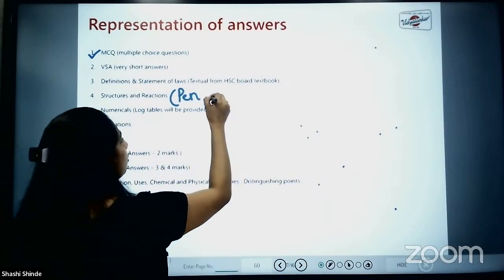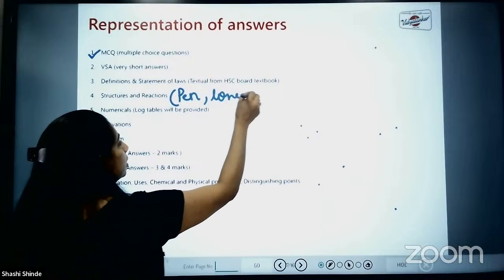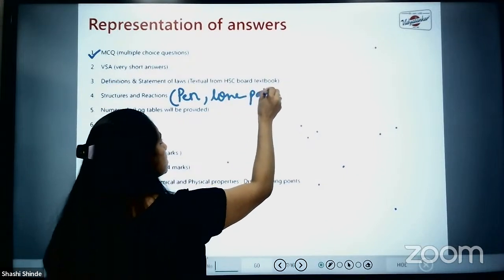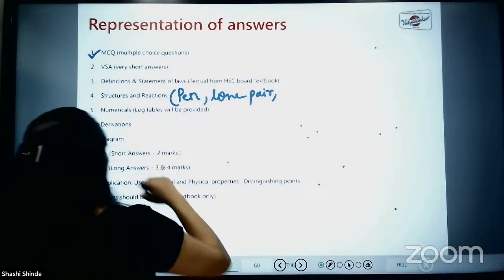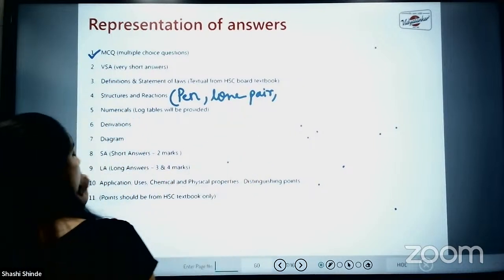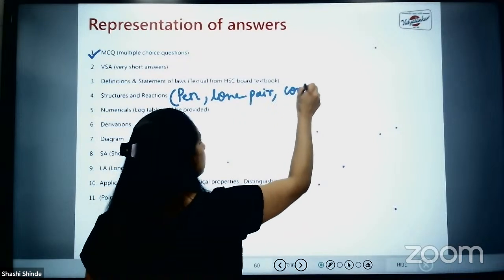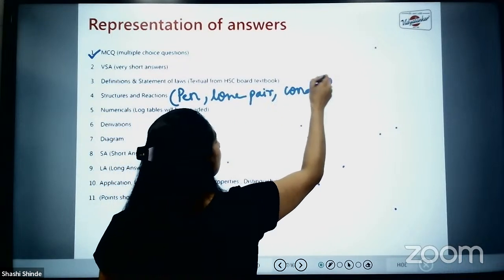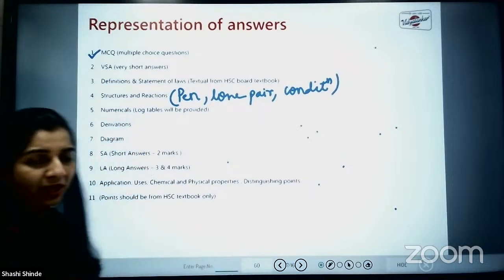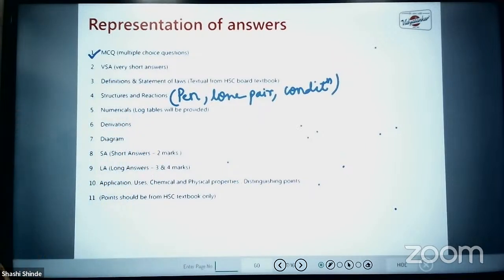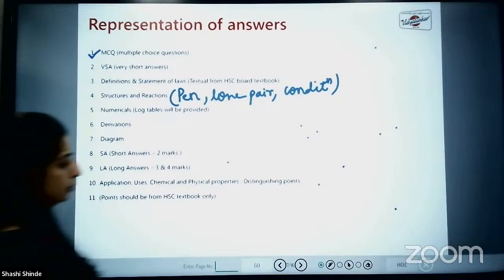Then in reactions, proper lone pairs should be shown if possible. Then in the structure also lone pairs should be shown. Then you have to write proper conditions, which conditions are important. You have to write major and minor products as well. Write the correct name of reactant as well as product.